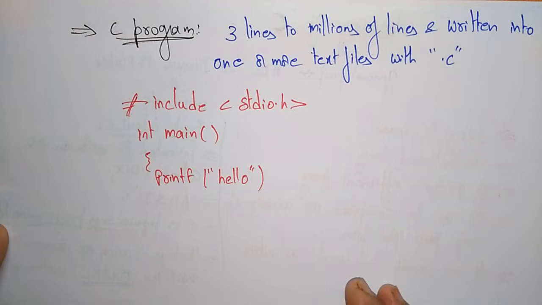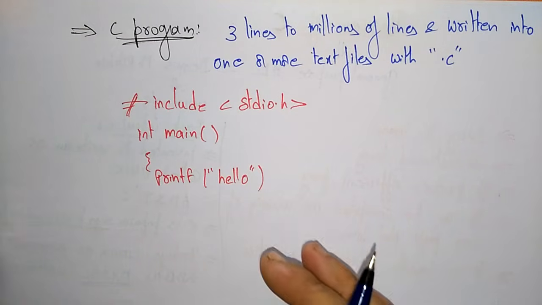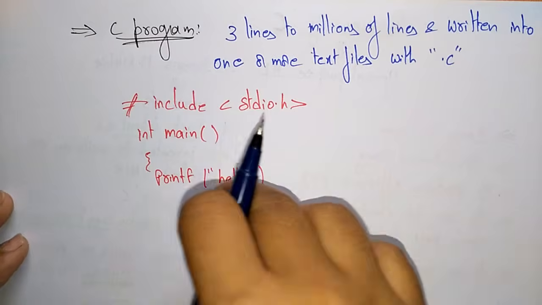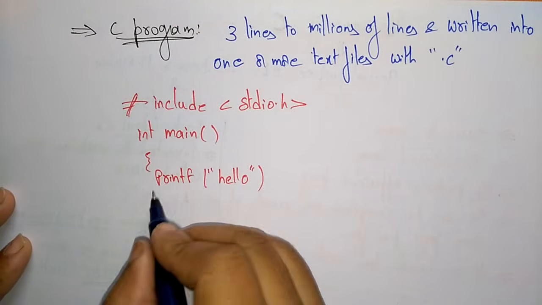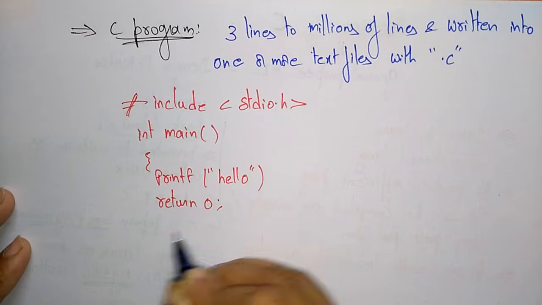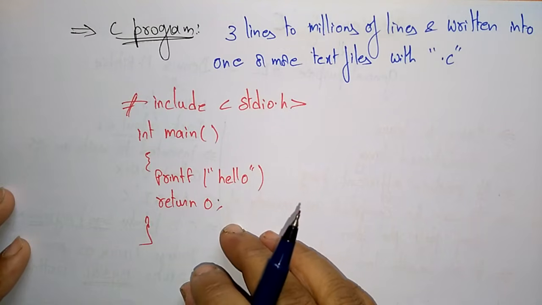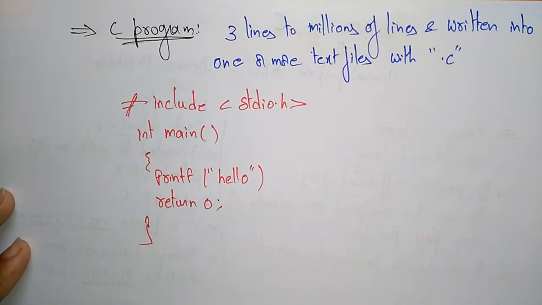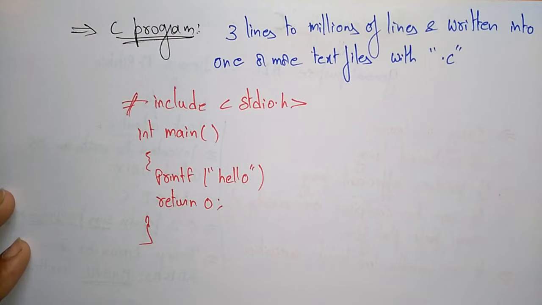So whatever program you have, that should be written within the main itself. So here I am just writing a simple printf, return 0. So actually this program will just print hello.